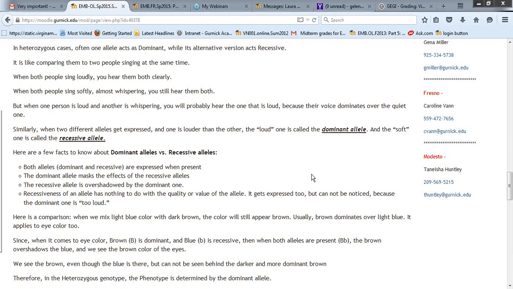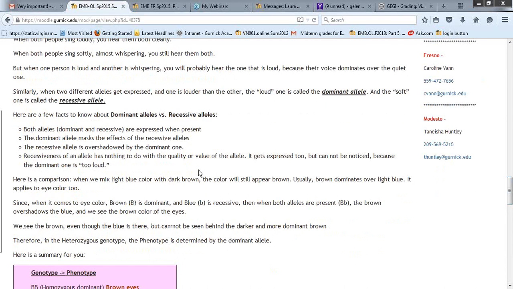If you have two people in the room who both are speaking loudly or yelling, then you will hear them both. But if you have two people in the room and one is whispering and the other one is yelling, you're going to hear the one who is yelling, right? So even though they're both there, you are only noticing the one that's loud.